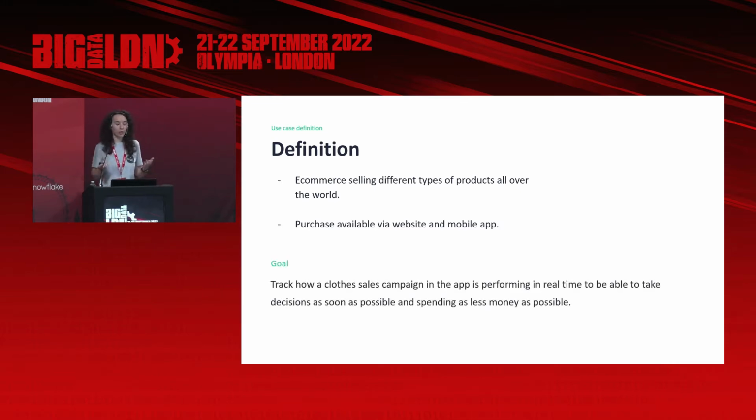So let's suppose that the goal of this e-commerce is to track how a clothes sales campaign is performing in the application, in real time, so that they can take decisions as soon as possible and also spend as little money as possible.